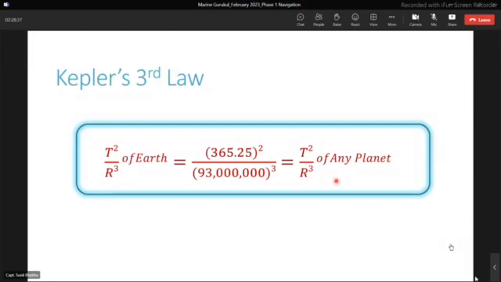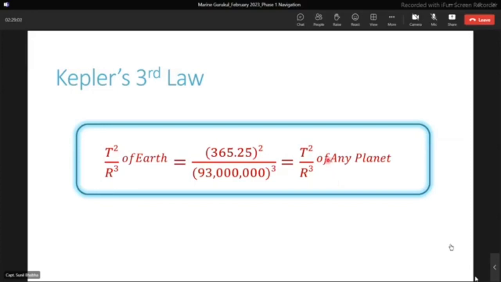If you look carefully at this relationship, T square by r cube of Earth is known to us. If we are given the orbital radius or the orbital time period of any of the planets, one of these two items is provided to us. By using this relationship, we can easily find out the second unknown item.